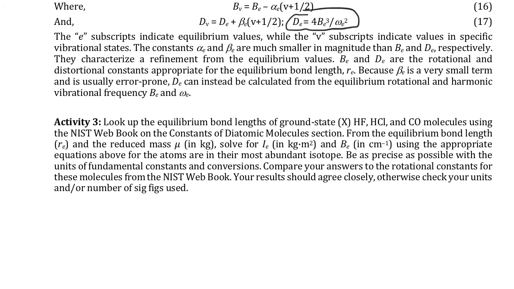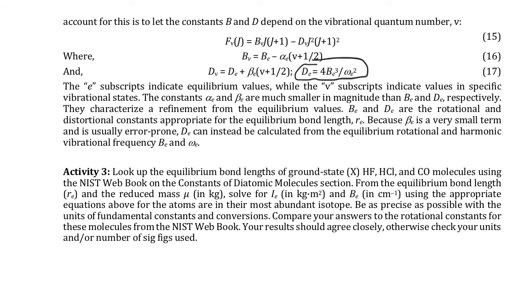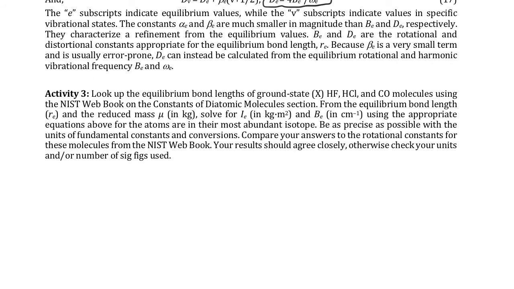The bond lengths you look up will be in angstrom, so convert them to meters, and from there perhaps to centimeters, so that you can then do your conversions to inverse centimeters for the rotational constant.